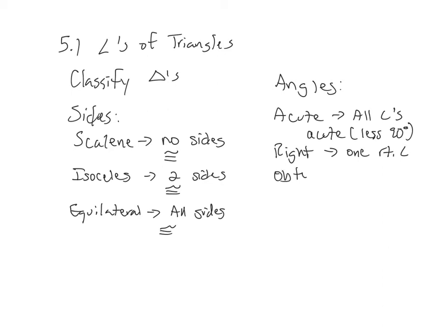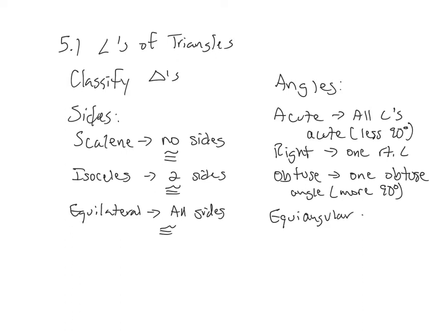We have an obtuse triangle, which has one obtuse angle, or more than 90 degrees. And we have equiangular. All angles are congruent.